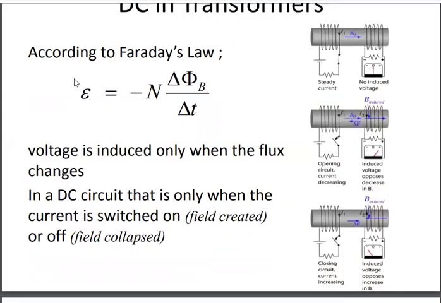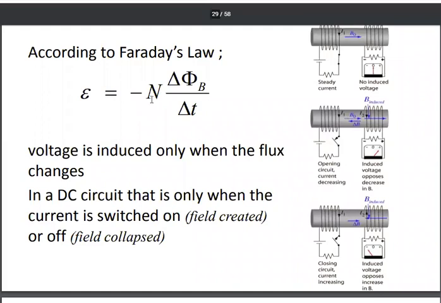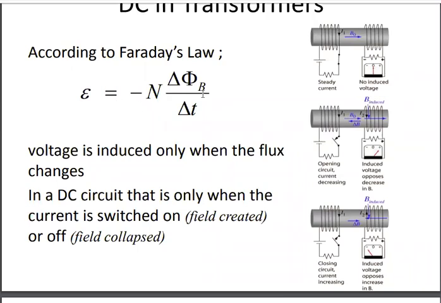So you know, according to Faraday's law, induced EMF is directly proportional to the number of turns, or simply, induced EMF is directly proportional to the rate of change of magnetic flux. So this is the magnetic flux, and for a single turn it is del phi B upon del t, and for n turns, n times. So voltage is induced only when the flux is changing.